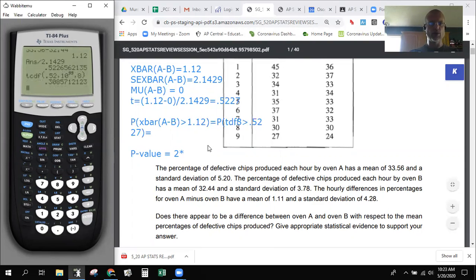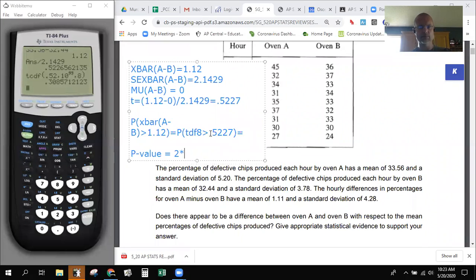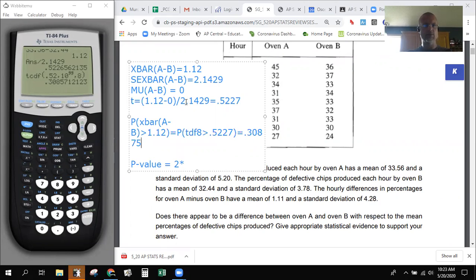You get 0.30875. So now let's get back in here. If I double that, 2 times 0.30875 is equal to about 0.616, maybe even 0.617.